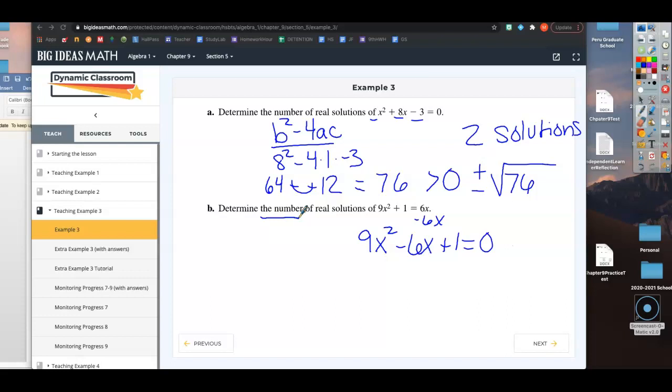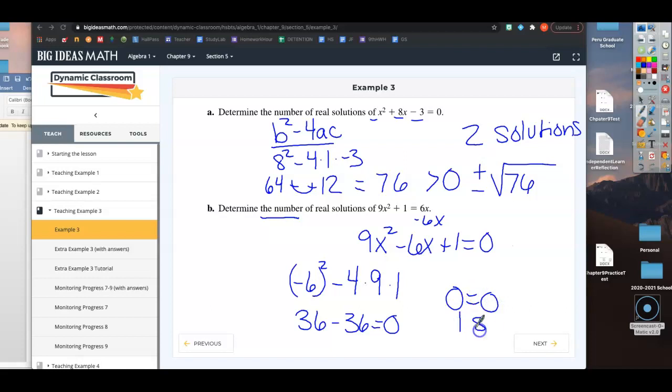So b would be negative 6 squared minus 4 times 9 times 1. So 6 squared is 36, minus 9 times 4 times 1, which is 36. So that equals 0.